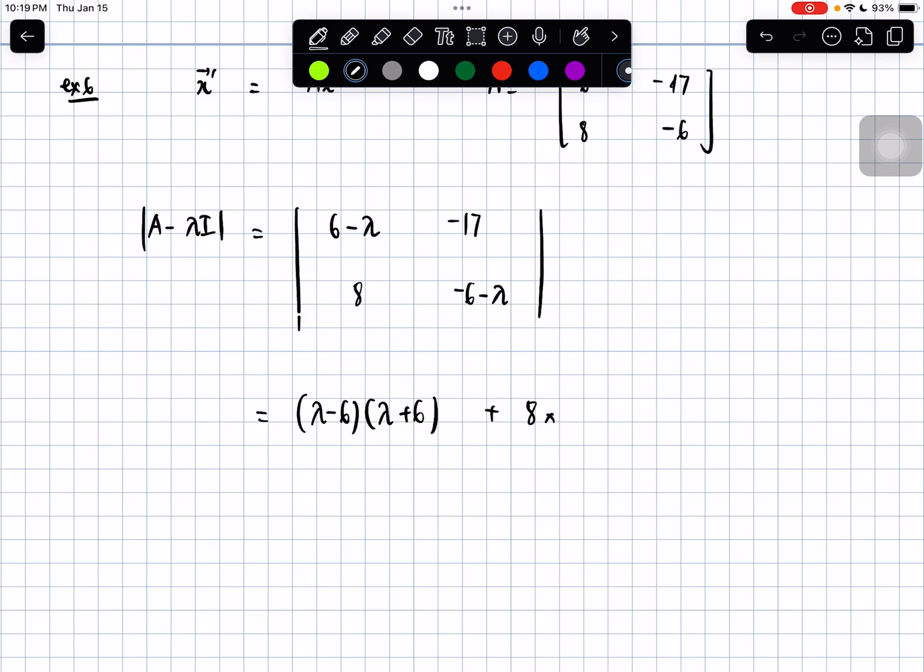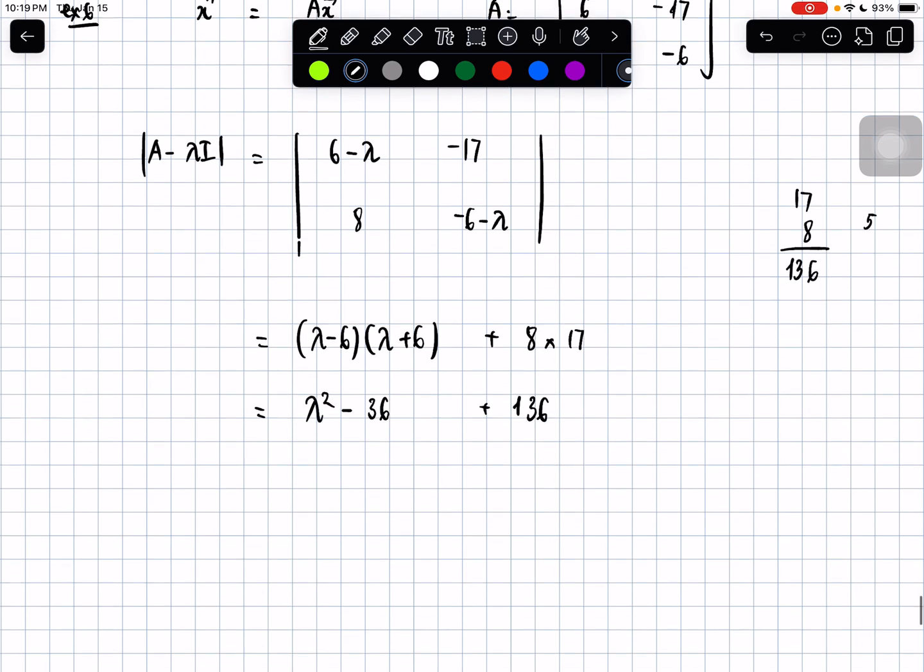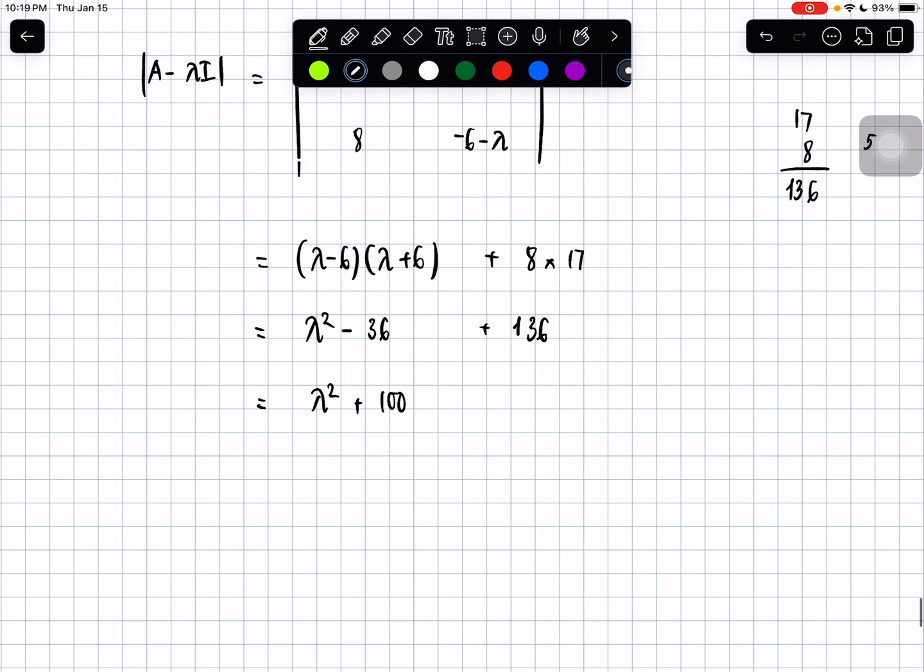minus 8 times 17, which is 136. So lambda squared minus 36 minus 136, so lambda squared plus 100.